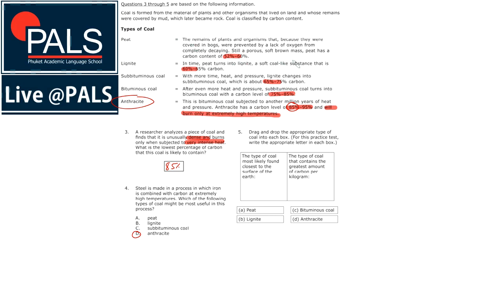So peat is found more or less at the surface, so that is going to be A. And the type of coal that contains the greatest amount of carbon per kilogram, that should be anthracite, D.